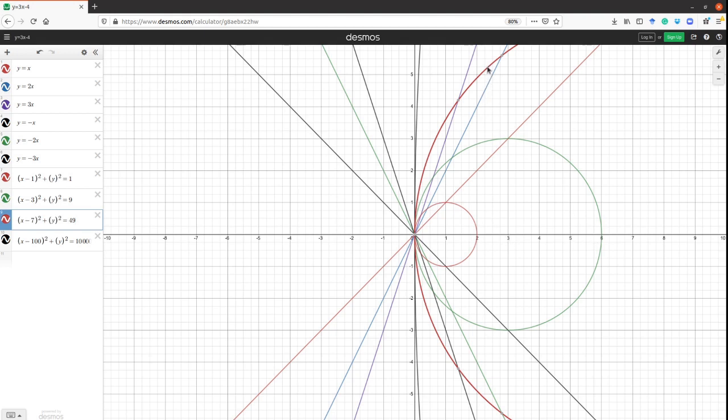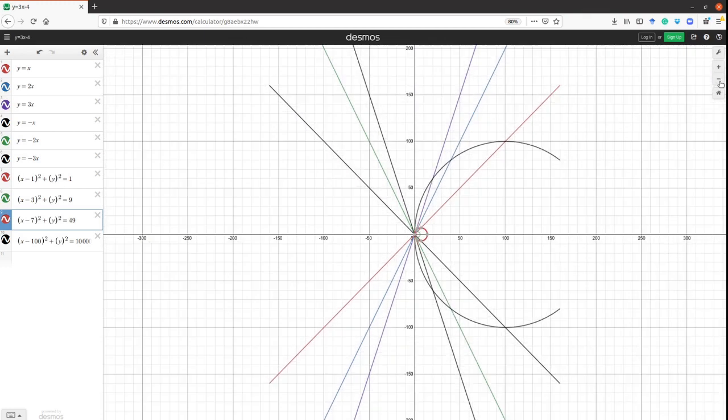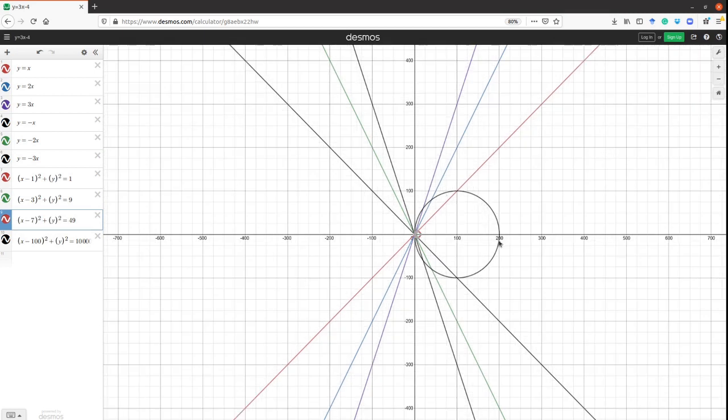And similarly for this red circle, and the black circle is over here. If we zoom out, can you see this black circle over here? The black circle has center at 100, 0 and radius 100.